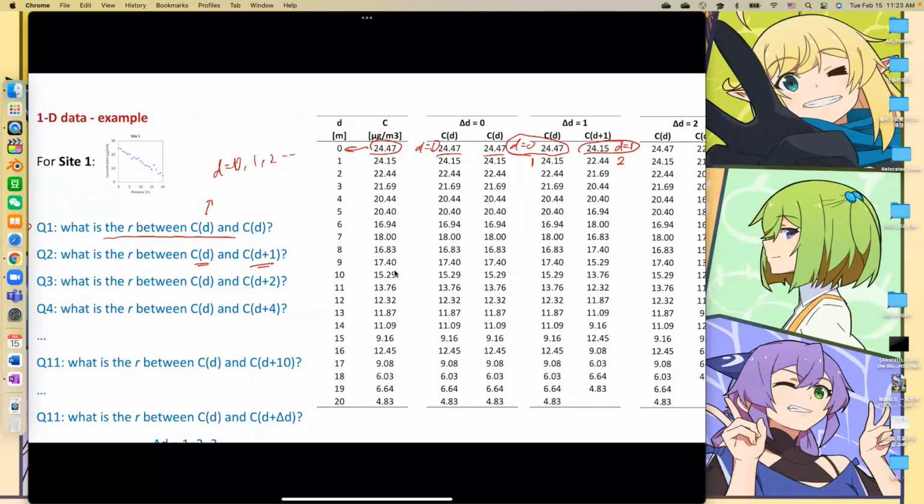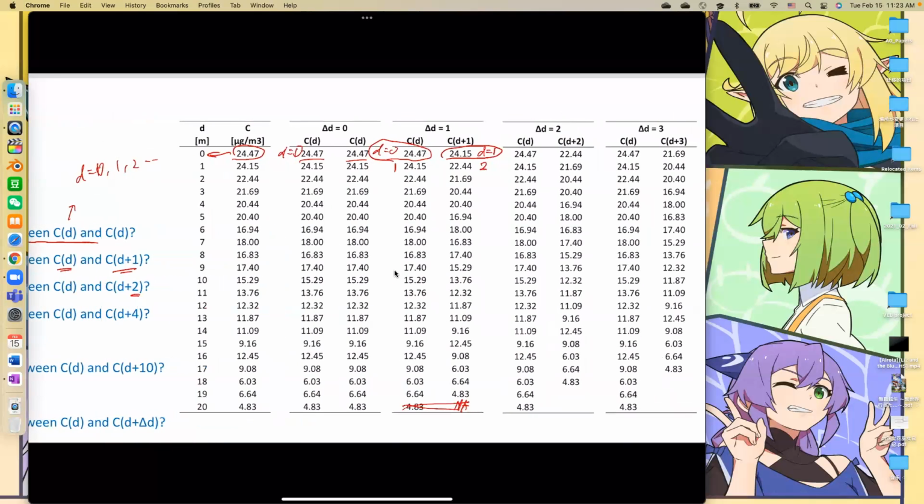But note that because we only have 21 data points, for this one it is not available. We do not have data for this one, so we do not calculate it. We only calculate the correlation between these 20 data points. And again, between D and D+2, delta D equals 2, and we have a column like this.